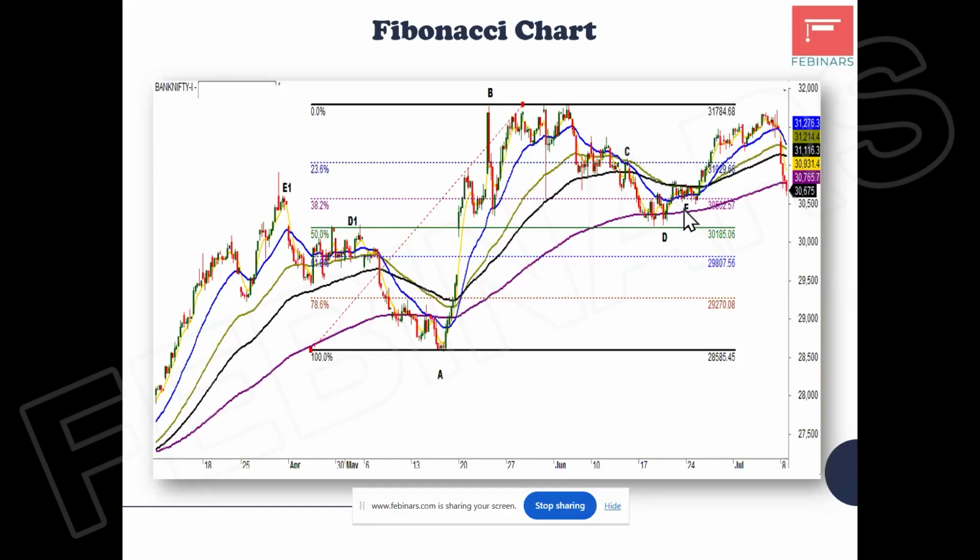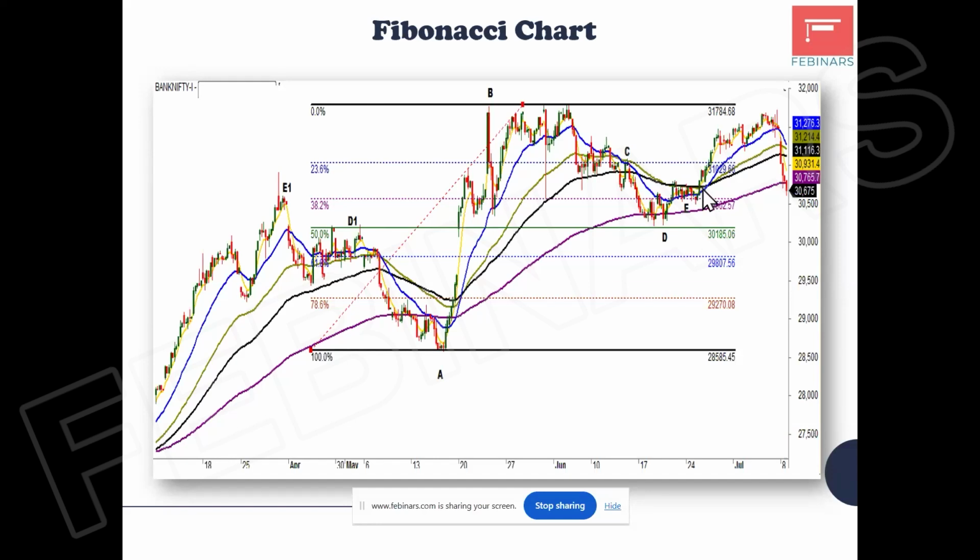Then after the reversal, the golden ratio is crossed from here, that is where point E and E1 are marked. So that is the beauty of Fibonacci. One can enter at this point above the moving averages.